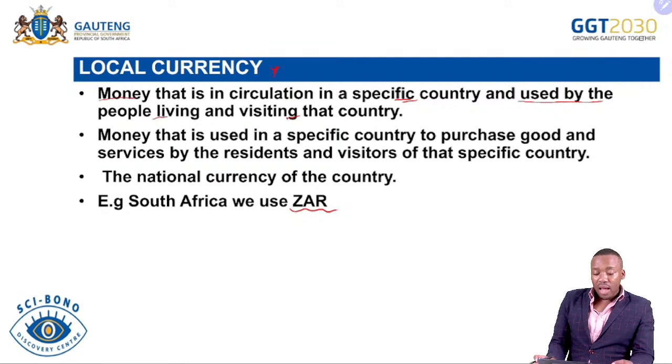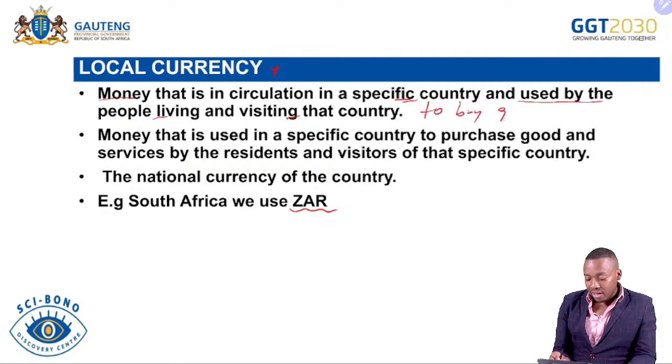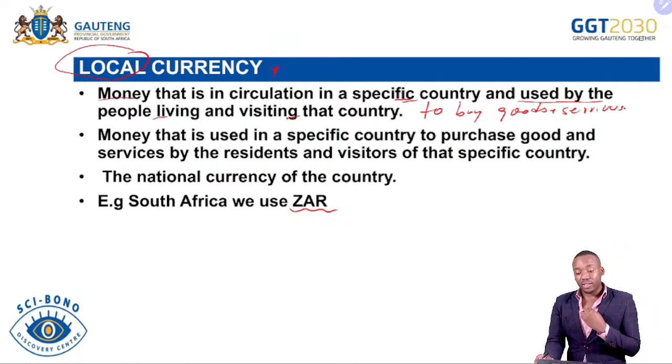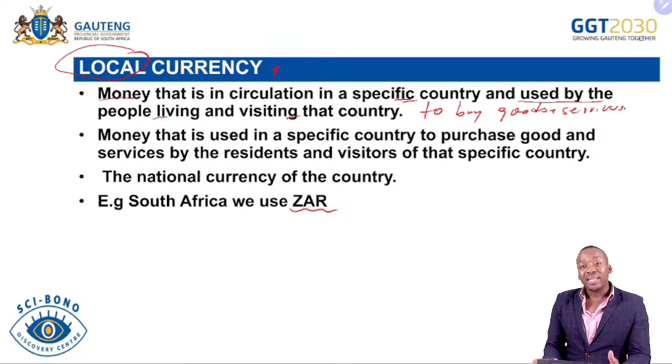Local currency is money in circulation in a specific country and used by the people living and visiting that area to purchase goods and services. So our local currency is ZAR, the South African rand, right?